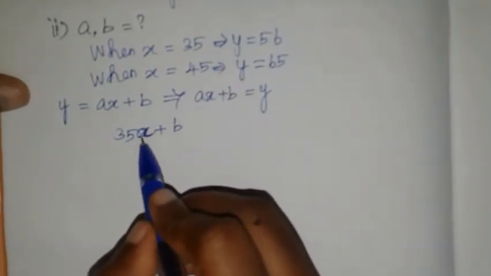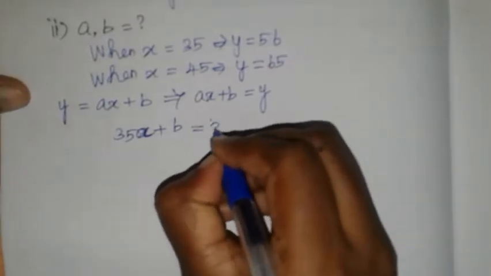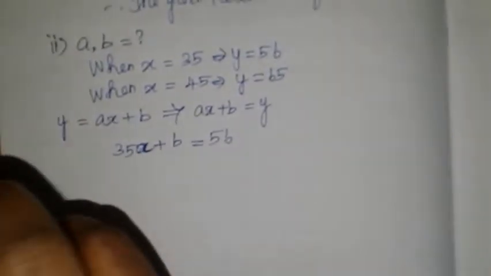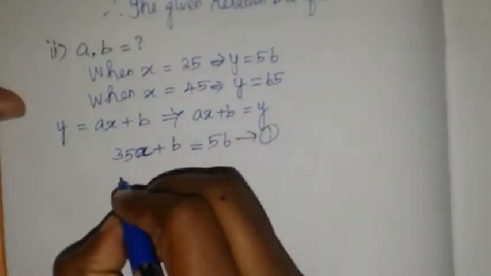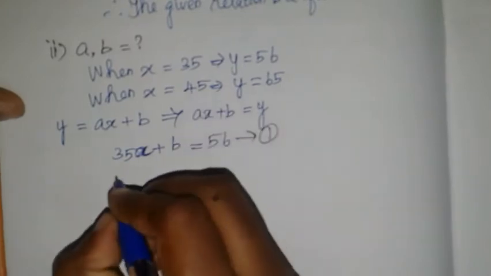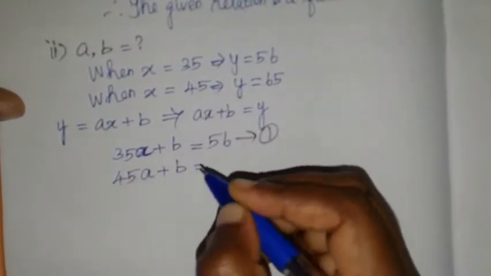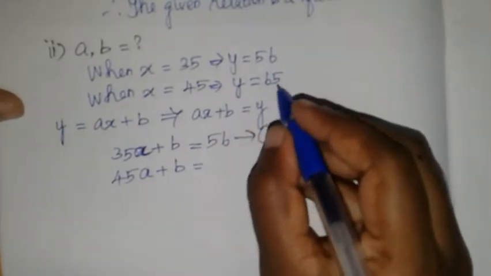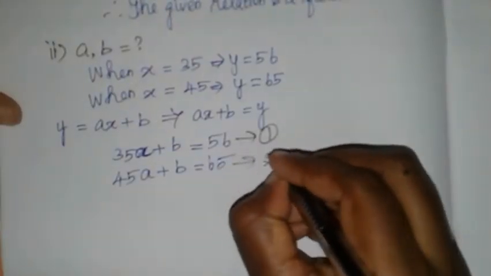Therefore, 35a plus b is equal to 56. Let it be the first equation. Then, in the place of x, replacing with 45, 45a plus b is equal to 65, where y value is 65. Let it be the second equation.